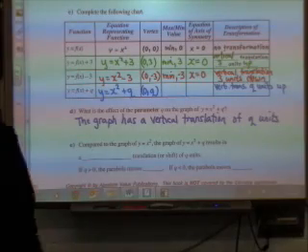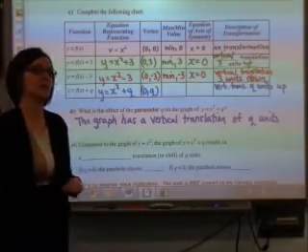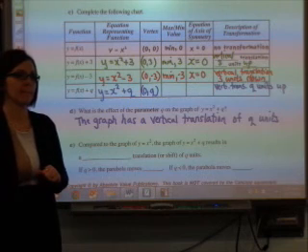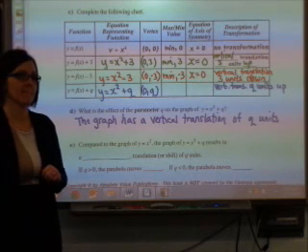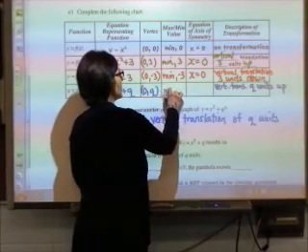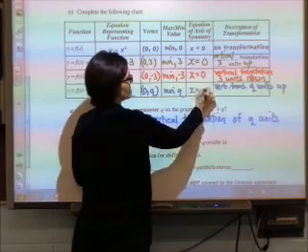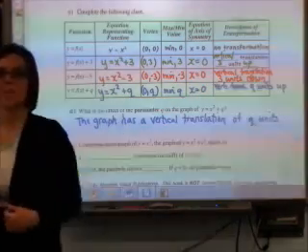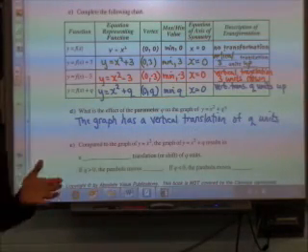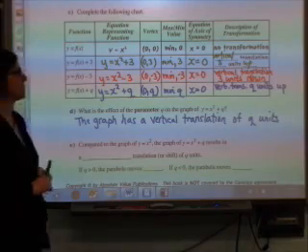How does the vertex relate to my minimum or my maximum value? It would be a minimum of q. And then my axis of symmetry is still at x equals 0 because I haven't moved it left or right, I've just moved it up or down.